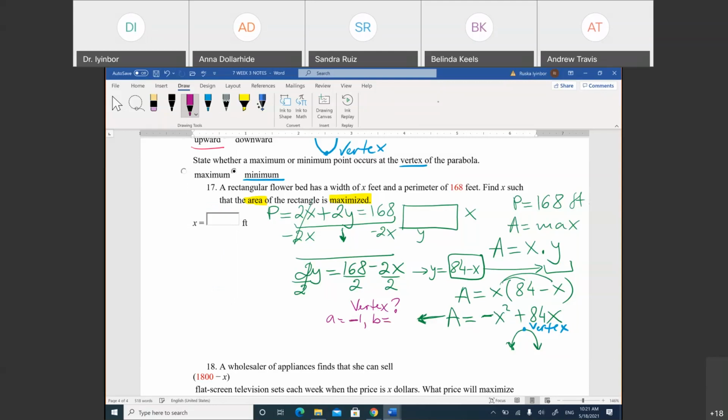B is the number in front of x. B is 84. Yes, B is 84, C is 0, okay? So in front of x squared is A, in front of x is B, and the number with no x is C. So I have A and B, and then you're going to use the formula, which is h equals negative b over 2a.